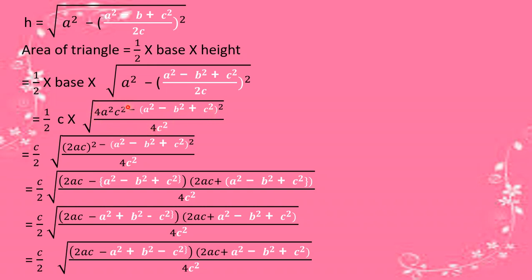Now here this 4a square c square we can write as (2ac) whole square. Now in this step we are getting the identity a square minus b square, so it can be written as (a minus b) and (a plus b). By writing this, we get c by 2 times under root (2ac minus a square plus b square minus c square) and, in the second bracket, (2ac plus a square minus b square plus c square) upon 4c square.